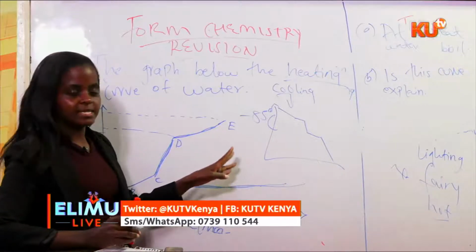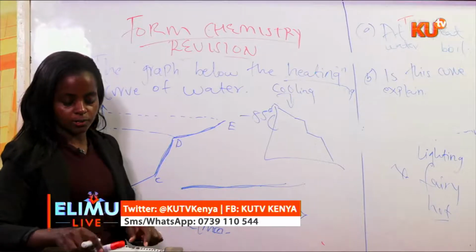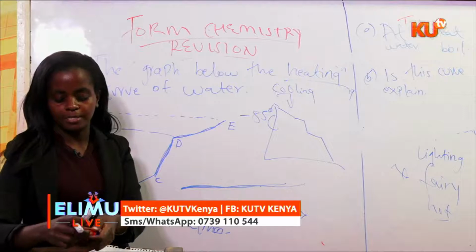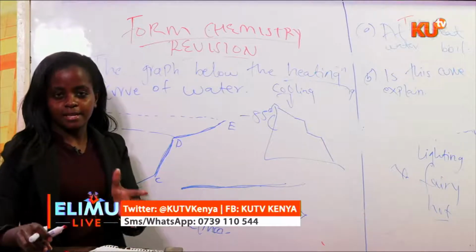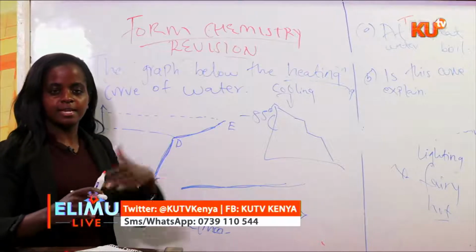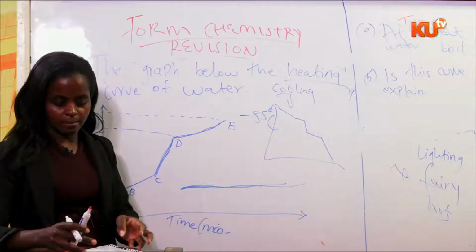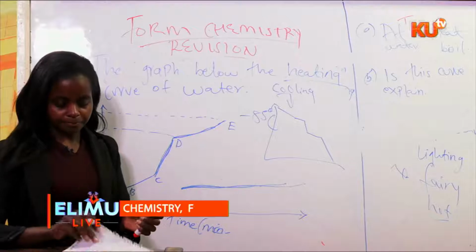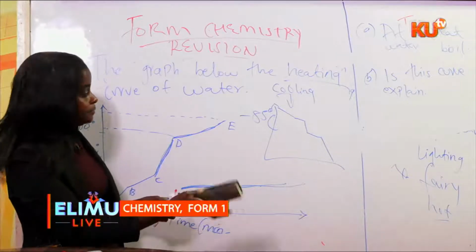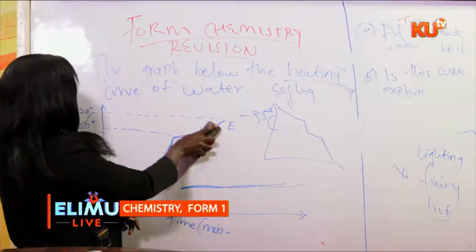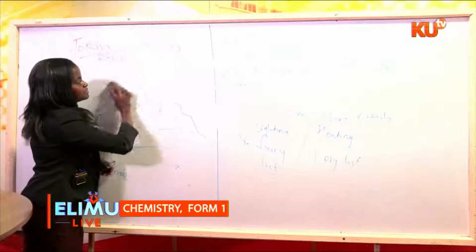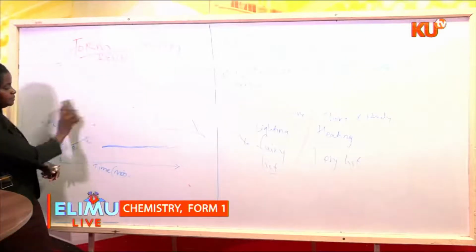What impurities do to water or liquids is that they increase or reduce their boiling or their melting point. So it's either melting or boiling point, and they're either increasing or decreasing it. Now, this is a chemistry Form 1 revision question.